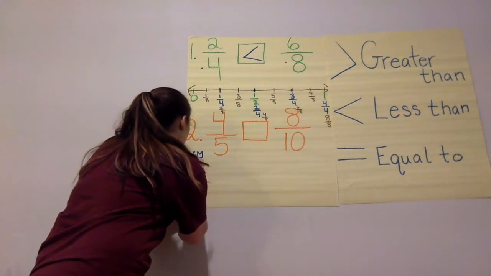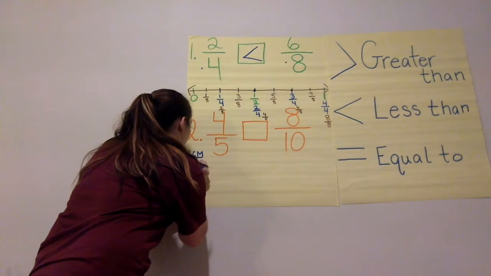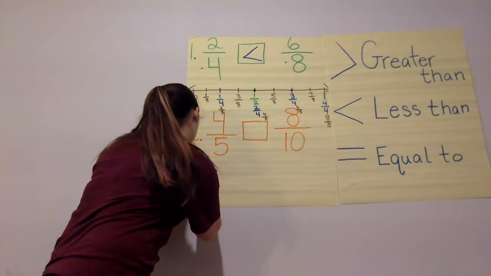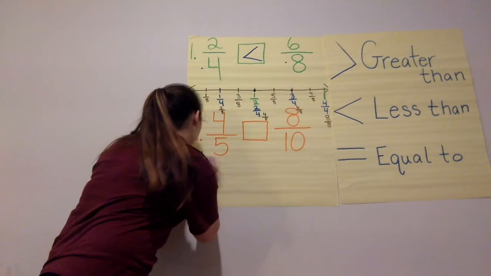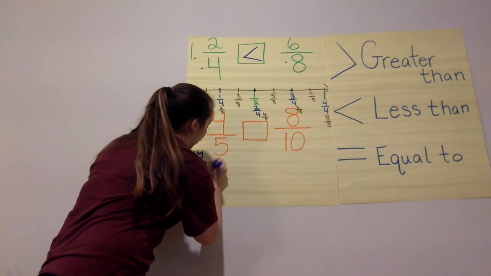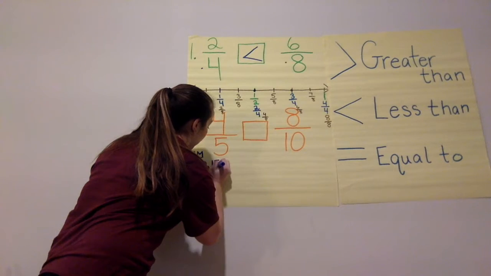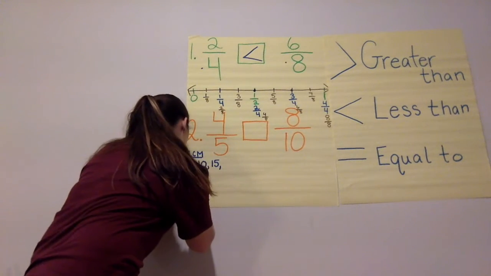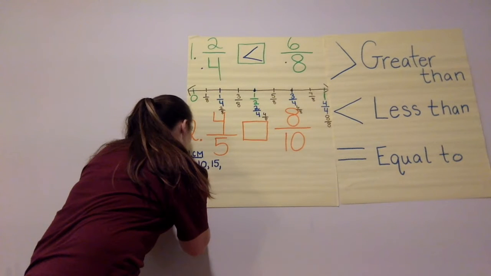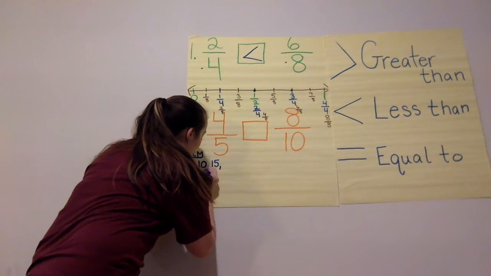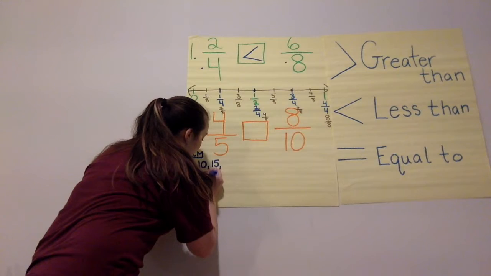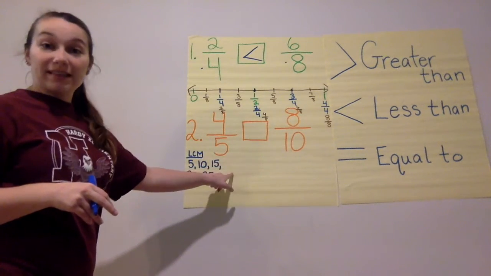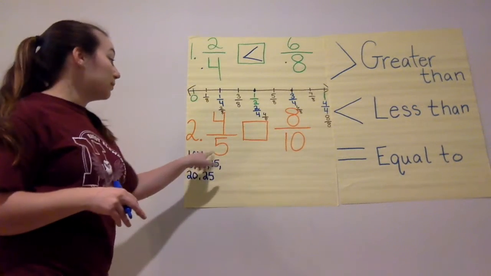I'm going to write that down. 5 times 2 is 10. 5 times 3 is 15. 5 times 4 is 20. And 5 times 5 is 25. All right, we're going to stop there for our multiples of 5.